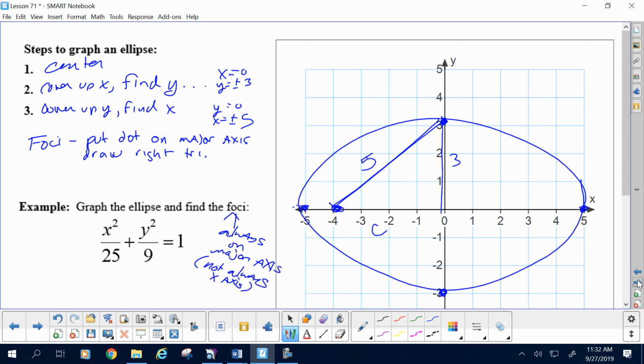So when I say put a dot on the major axis, draw a right triangle, show the minor and the hypotenuse, which equals the major. Find the foci distance. By Pythagorean theorem, what's that side along the x?